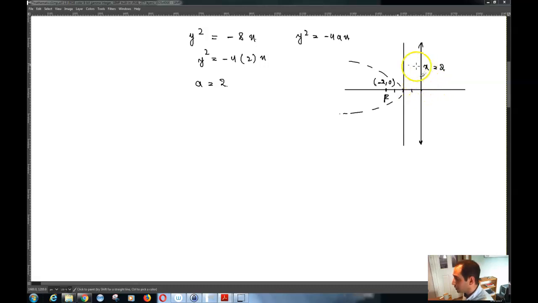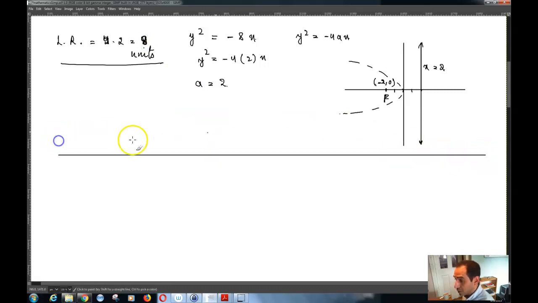The length of the latus rectum is equal to 4 times a, which is equal to 4 times 2, which is equal to 8 units. I apologize for the earlier slip. Okay, so that is number 3.